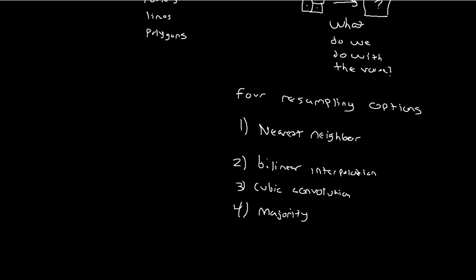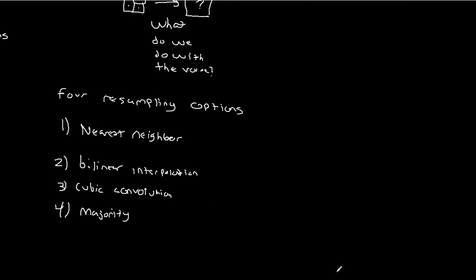Before we talk about what each one of these does, I want to draw a diagram to help explain it. Let's say that we have a raster image, something like this.